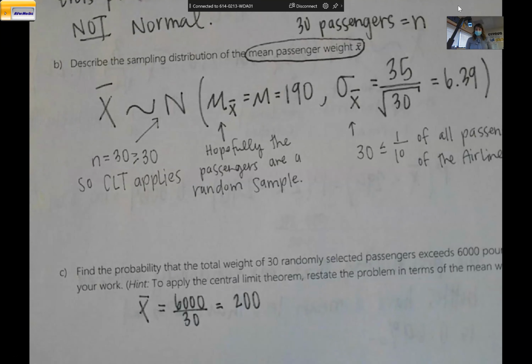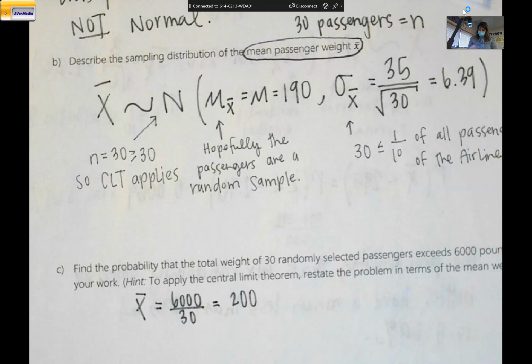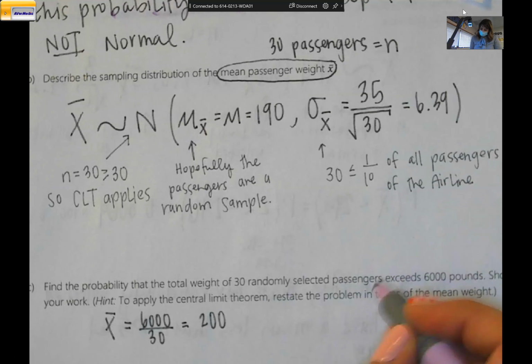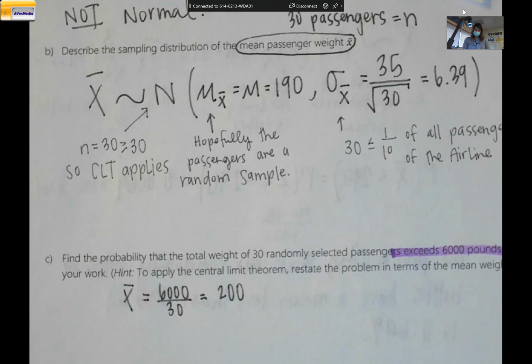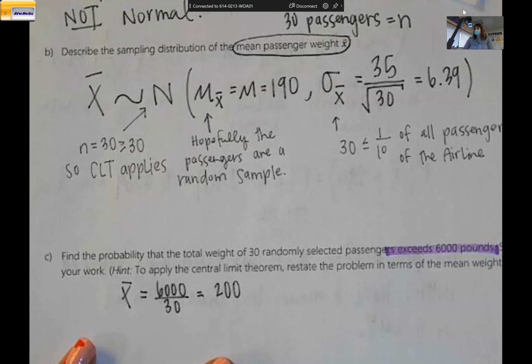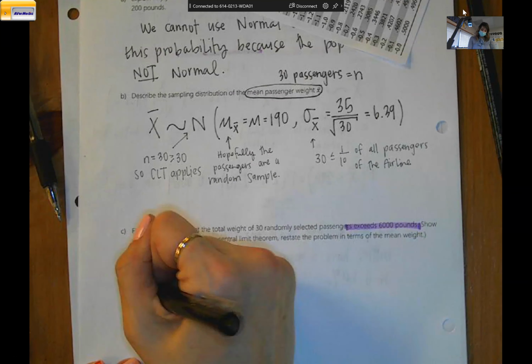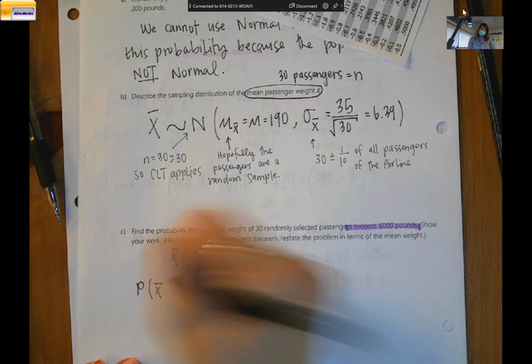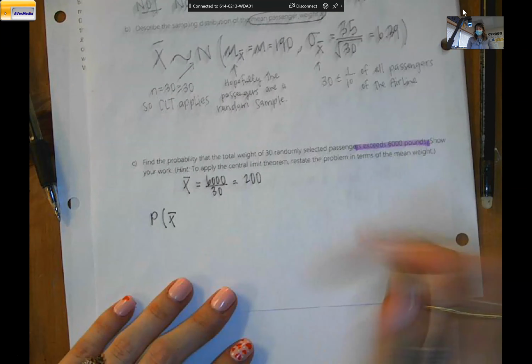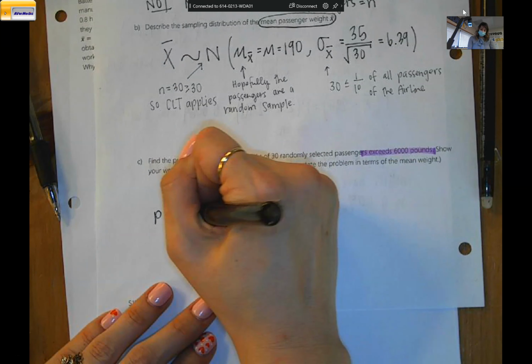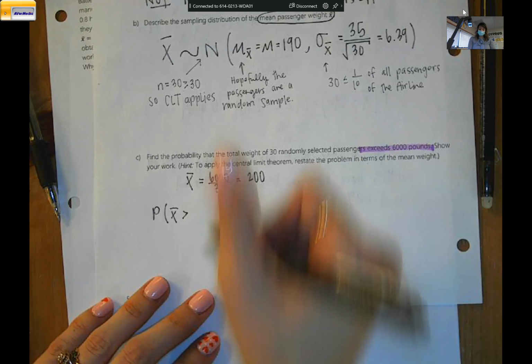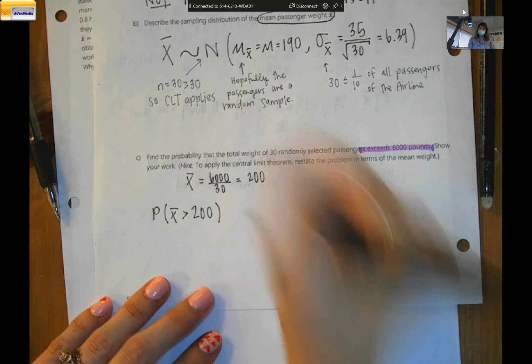they want us to calculate the probability that it would be less than 200, no, exceeds 200. So they want us to calculate greater than. I'm going to highlight that. So they are asking us to calculate the probability that our sample average, for our 30 passengers, will be greater than 200 pounds.